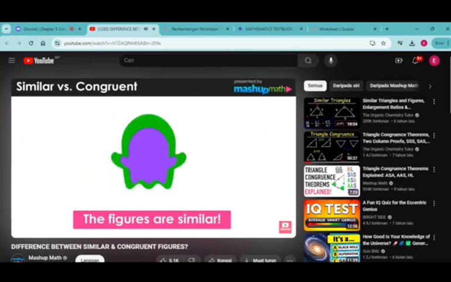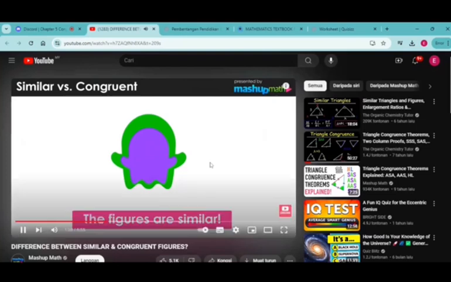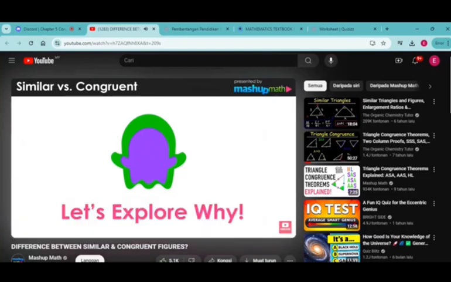And we can illustrate this by overlapping the two. Now, from here, we can clearly see that the figures are similar, but since they are not the identical same size, we can also conclude that they are not congruent. So now, let's go ahead and explore why.